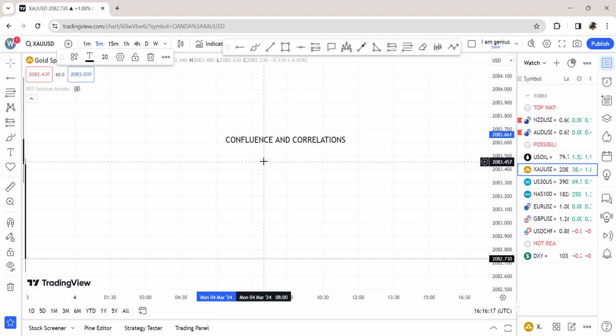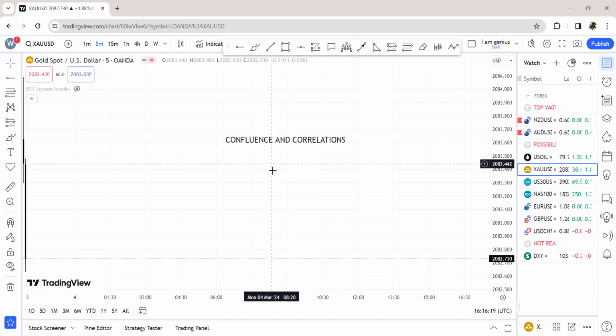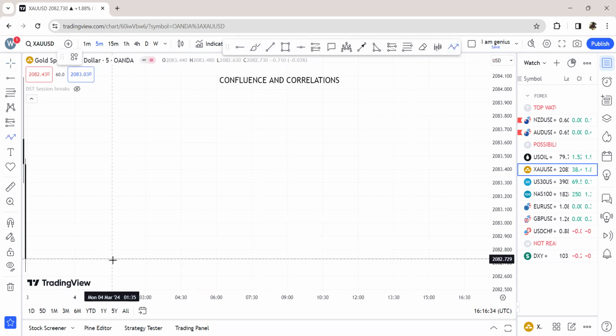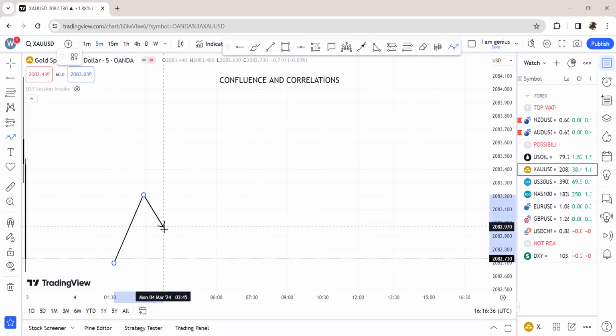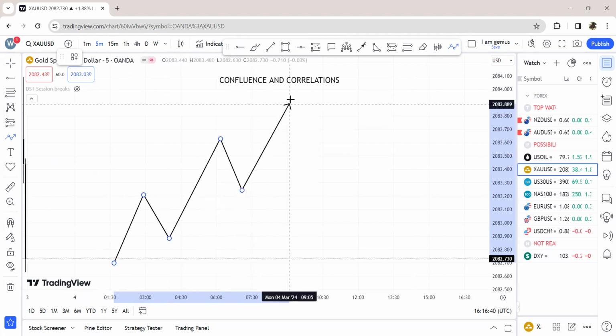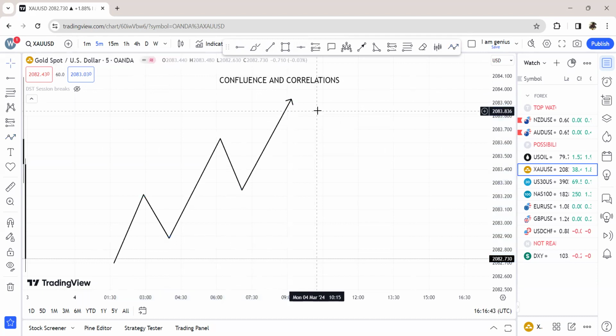Now, confluences are just having a lot of, how do I explain it in an easier way? What I'm thinking of saying wouldn't really be something that people would get. So let me just do this. I'm sure this is going to help more.